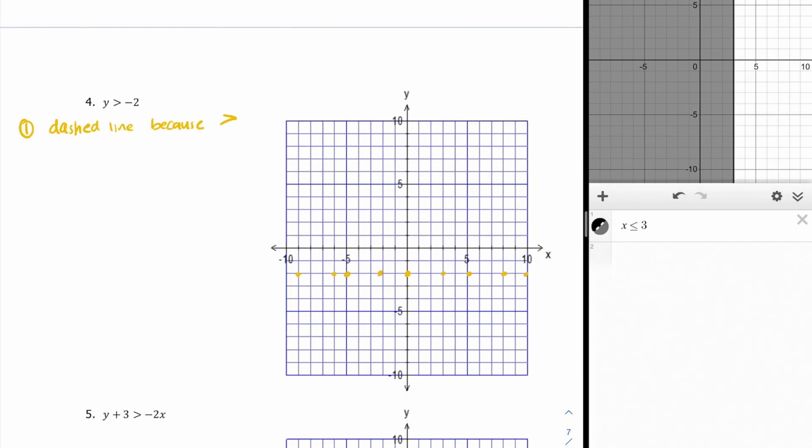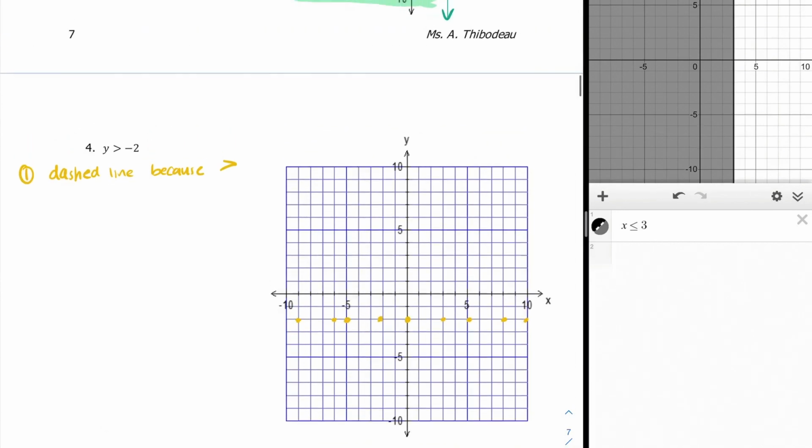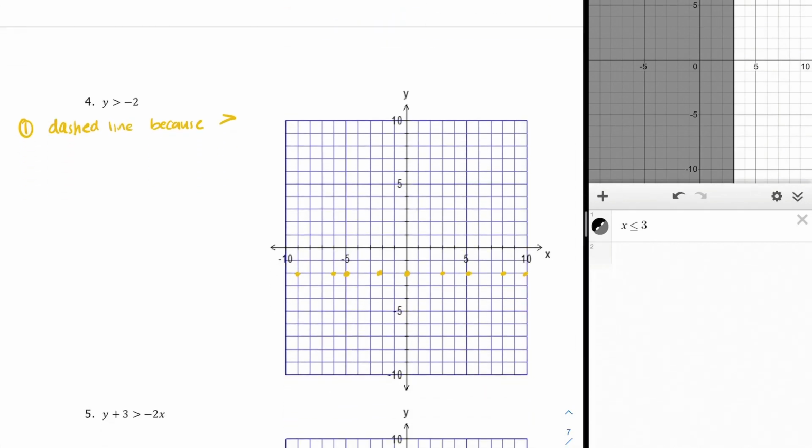Anywhere along this horizontal line, we get a value of y of -2. Remember that when we are drawing the line here, we are dashing it. Your dashes don't have to be specific anywhere; they don't connect dots necessarily. It just shows that the values on that line aren't included. It's just our boundary, but we're drawing it dashed.